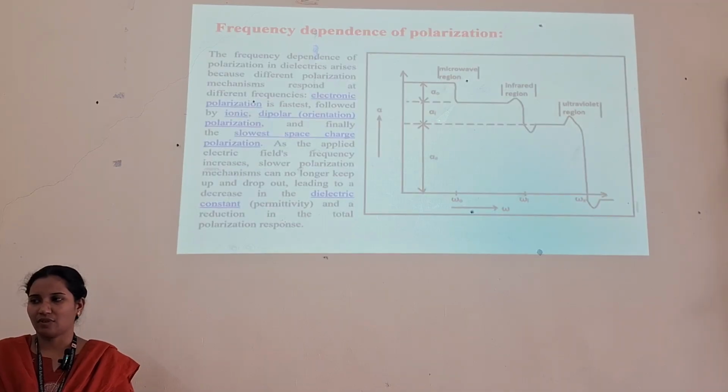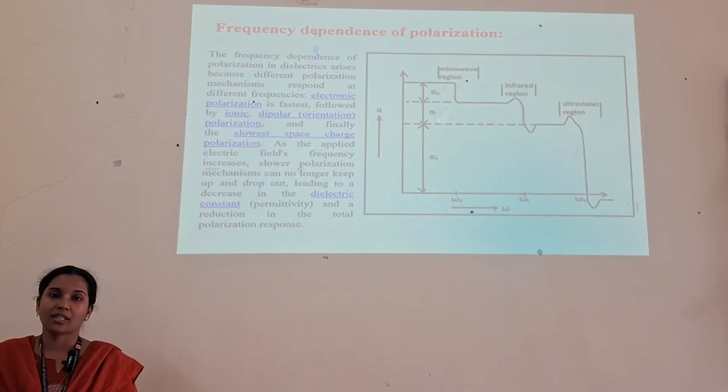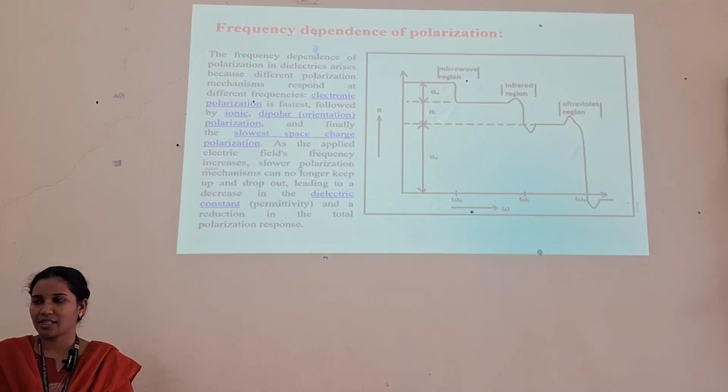Next one is frequency dependence of polarization. The frequency dependence of polarization in dielectrics arises because different polarization mechanisms, that is orientational, electronic and ionic polarization, respond differently at different frequencies.